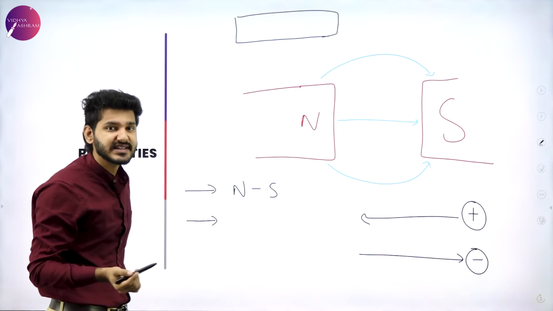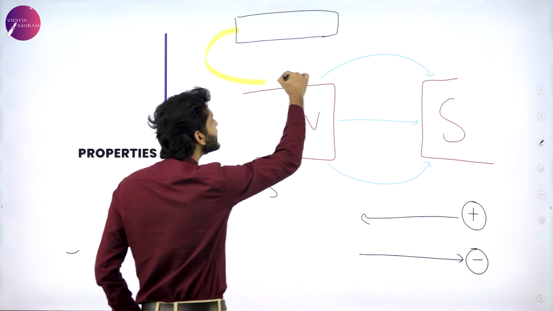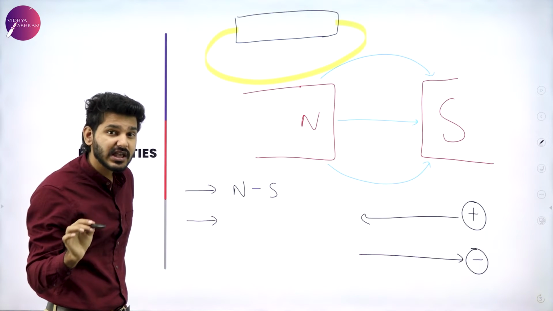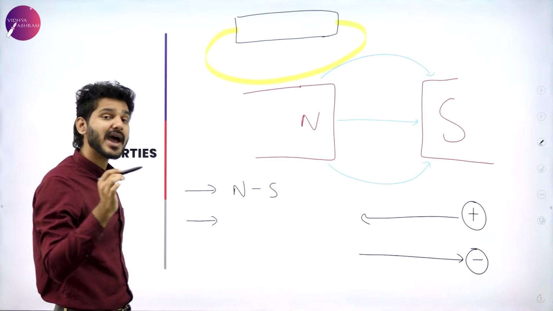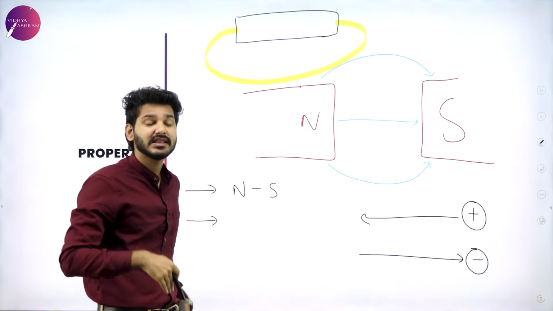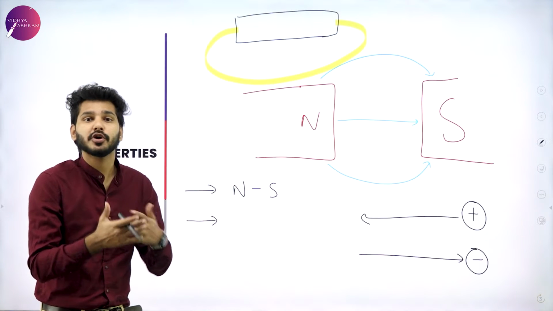So what we know is that the field lines will start from the north pole and it will travel towards the south pole. But one thing you have to understand is that magnetic field lines do not actually start from the north pole and end in the south pole. They form a continuous loop, which means that essentially there is no starting point and no ending point.